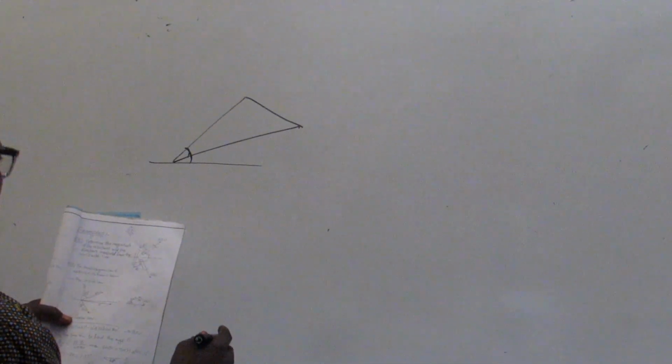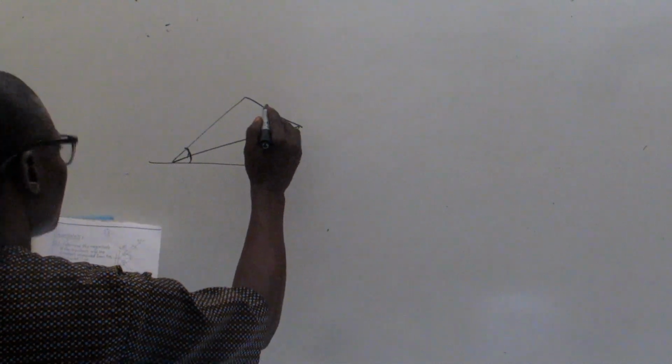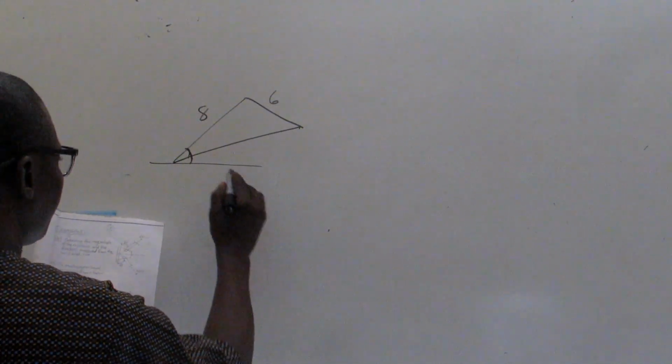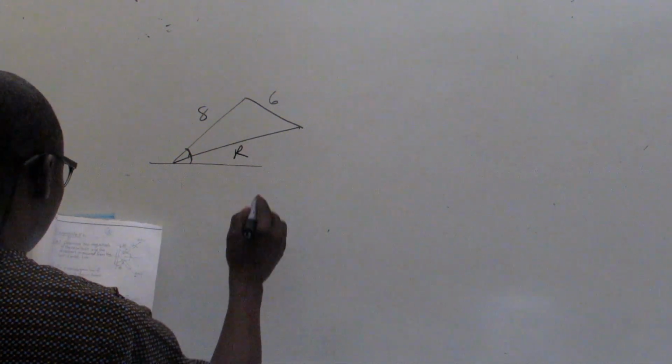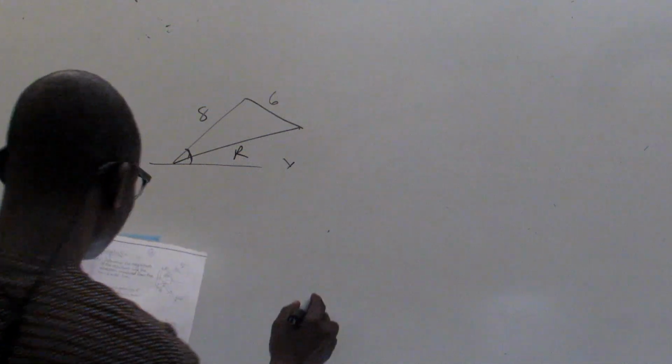It was extended down. We have 6, we have 8, we have our arrow, and then our x.